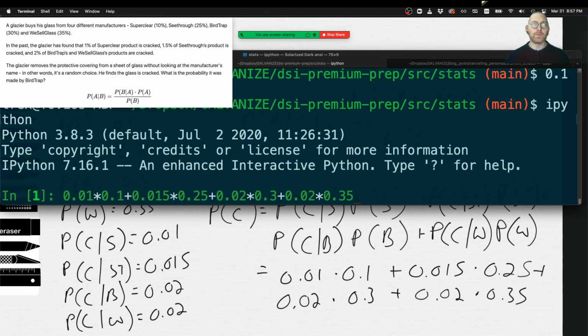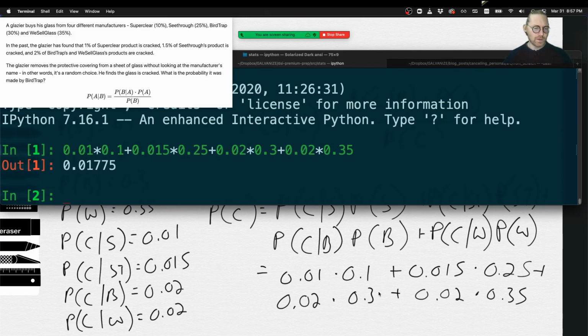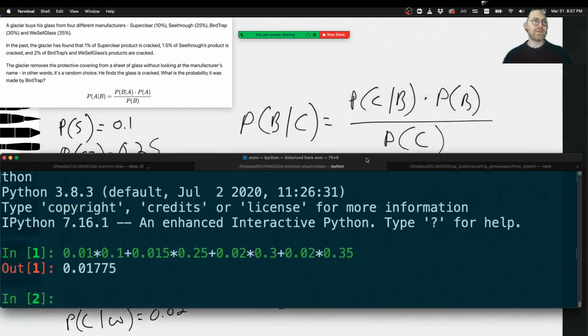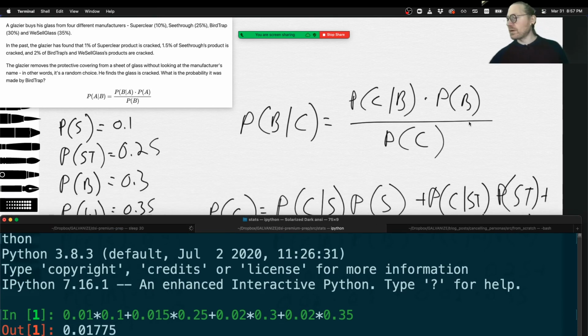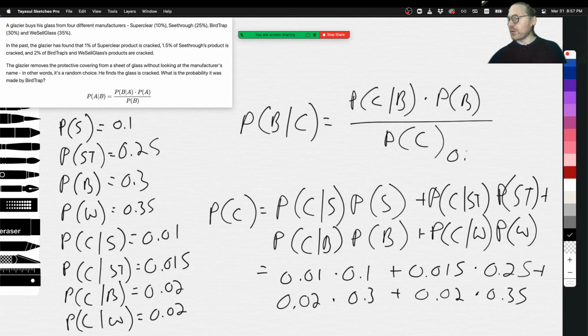So let me just scan back over those. Those all look correct, I think. And it looks like that is 0.01775 for the probability of any glass being cracked, right? So that's 0.01775. Okay, so cracked given bird trap is 0.02. Probability of bird trap is 0.3.